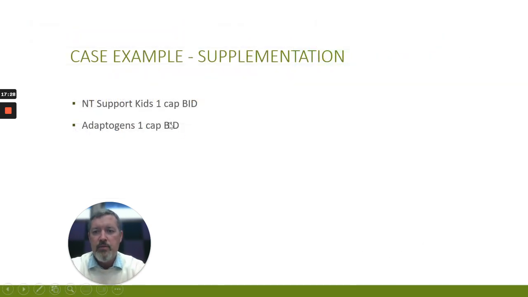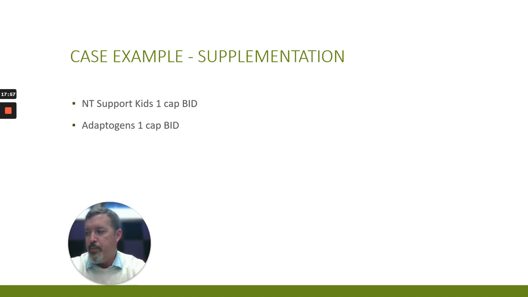From that, this was the initial regimen: neurotransmitter support kids. Don't let the name fool you. He's obviously not a kid, but the main difference in the neurotransmitter support kids versus adults is that there is a mucuna/L-dopa component to the adult support that kids, or young adults, don't typically need.